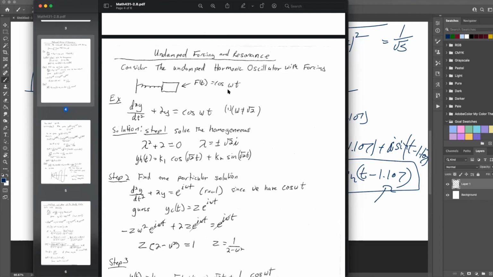This is the forcing frequency. When the natural frequency and the forcing frequency equal each other, what happens? Yeah, things go boom.